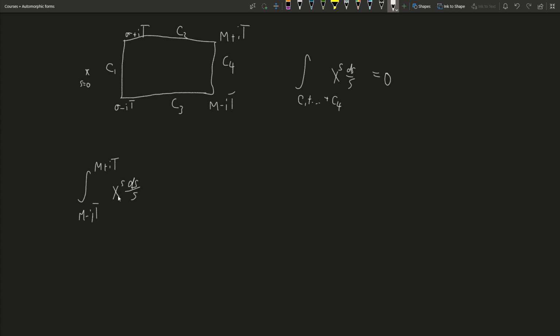Because x is between 0 and 1 and m is a large real number, this is going to be less than x to the m over m, so it's decaying exponentially in m. We can take m to be as large as we like, and this is going to be however small we want. So there's no problem here, at the cost of making C2 and C3 longer, but we can make C2 and C3 as long as we want.